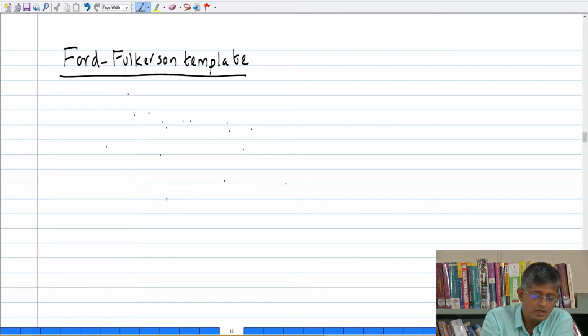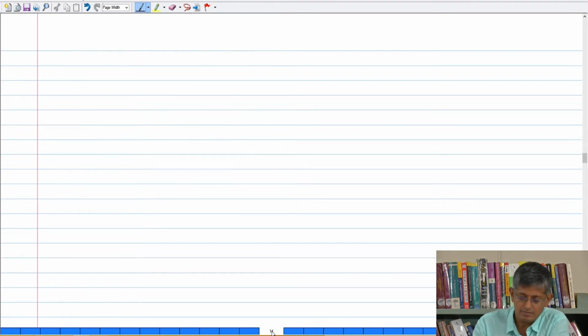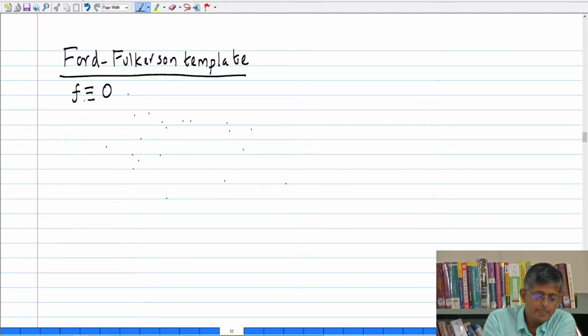Okay. The first step, the template starts with f is identically 0. If there is any doubt with my notation, please ask me, because this must be very new to most of you. I mean, it's unlikely that you have studied this. Then what do you do? You compute a graph called GF.